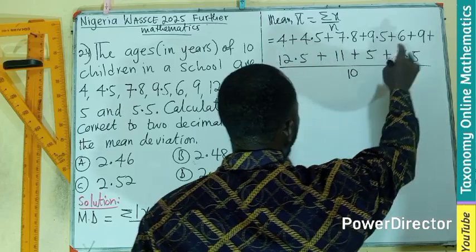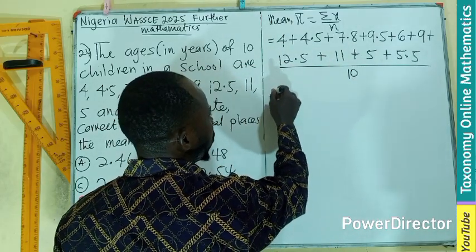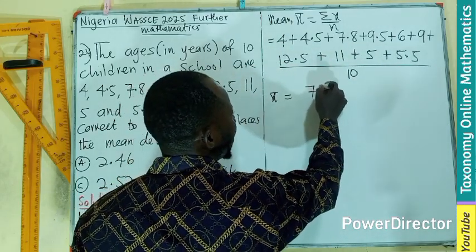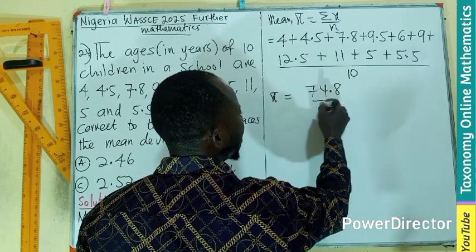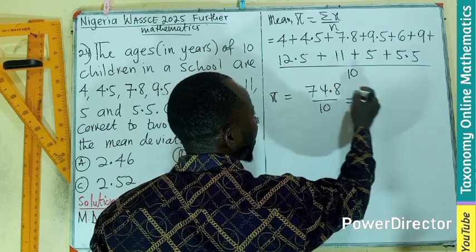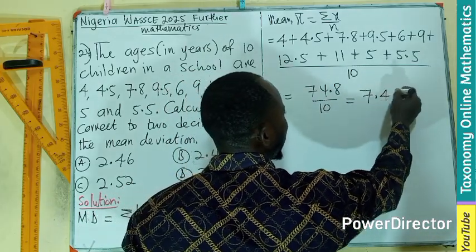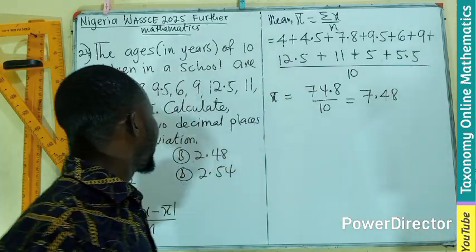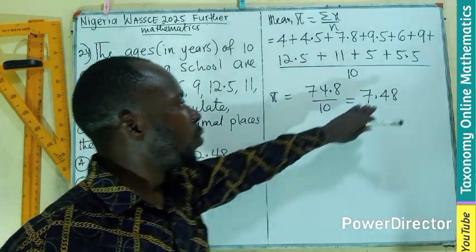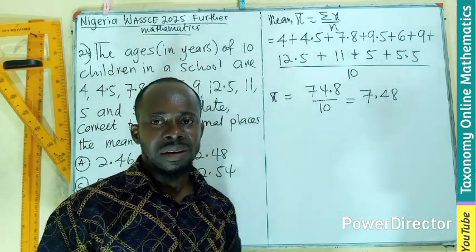Then if we add all this on our calculator, your mean will become 74.8 divided by 10. And that will be 7.48. Since we are going to leave the answer in two decimal places, we hold on to the two decimal places.